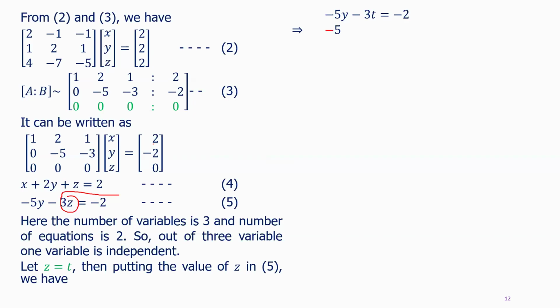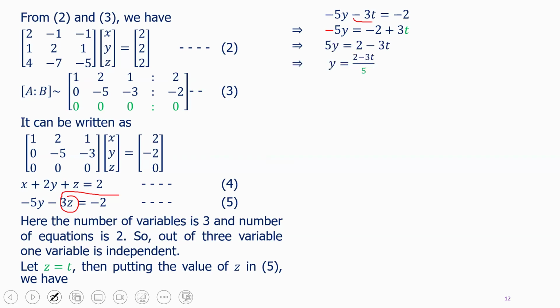So minus 5y is equal to minus 2 plus 3t, because when minus 3t is transferred to the right hand side it becomes plus. So what is the value of 5y? 5y is nothing but 2 minus 3t. And so the value of y is equal to (2 minus 3t) upon 5. So this is the value of y.